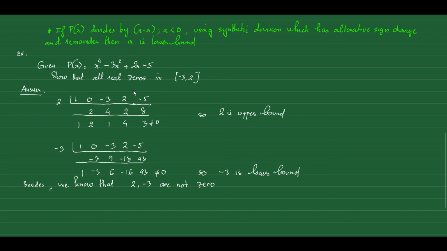You have to check carefully. The boundedness theorem just tells you the interval containing all the real zeros.